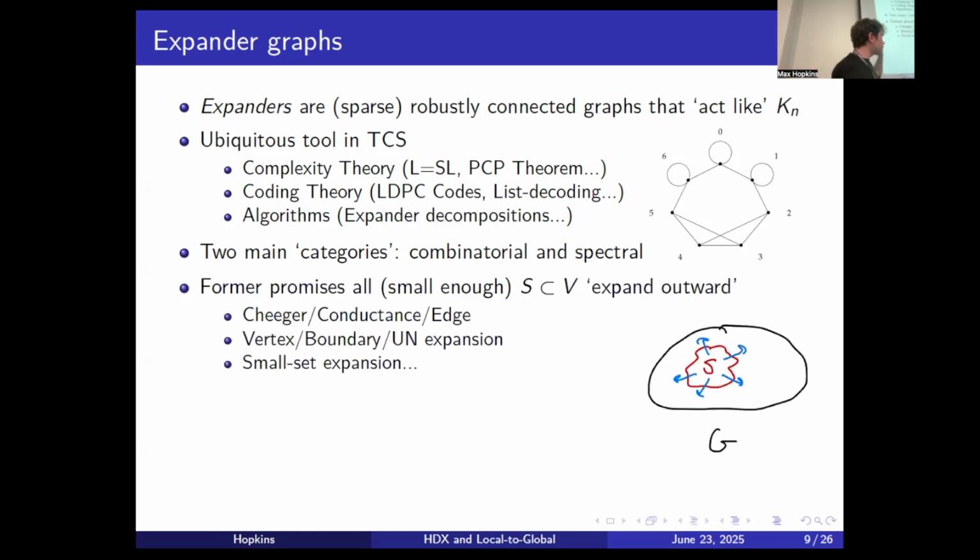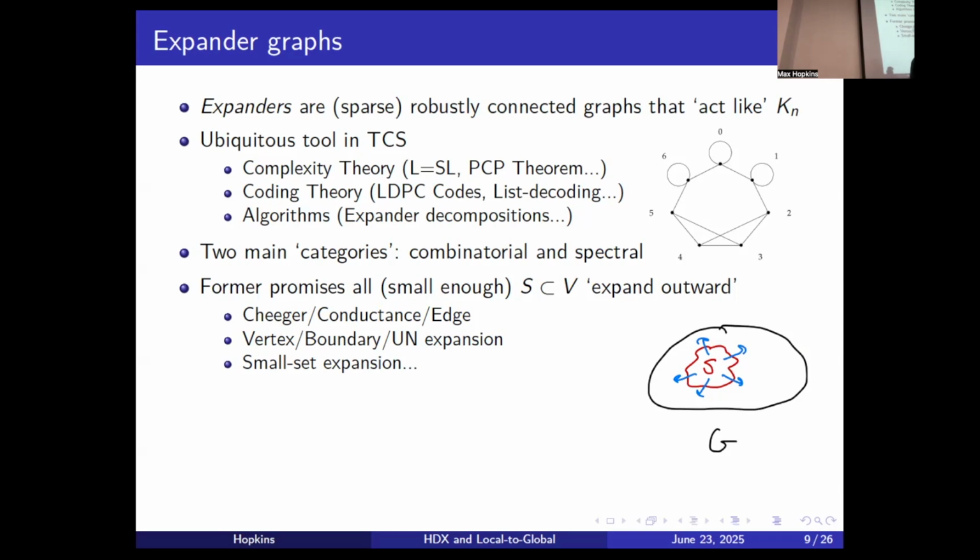I'll very briefly talk about combinatorial expansion to give you some feeling for it before we drop the notion and come back to it on days 2 and 3. Roughly speaking, combinatorial expansion says that all small enough subsets of vertices in your graph expand outward. There are many variants of this definition. They're all roughly connected to each other, but not exactly quantitatively equivalent.